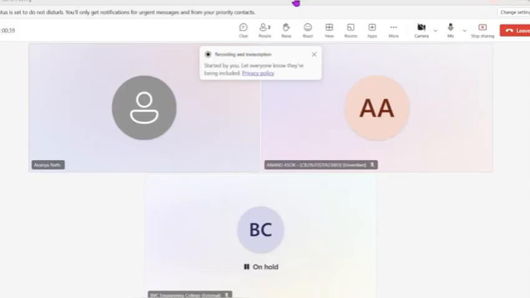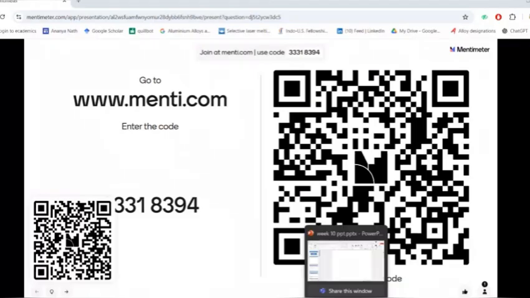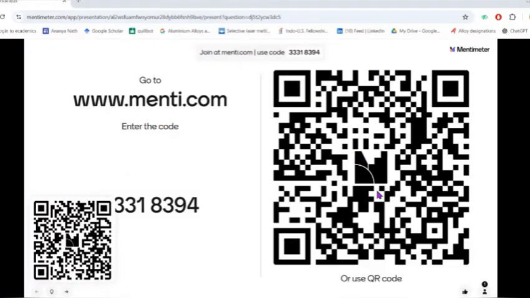Just a second. Have you scanned the QR? Yes. Okay, we can start.